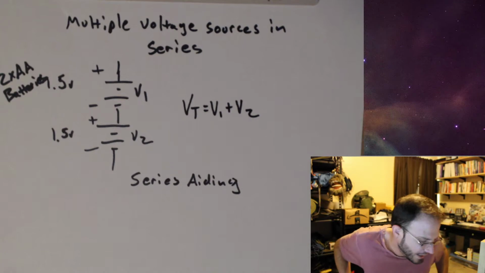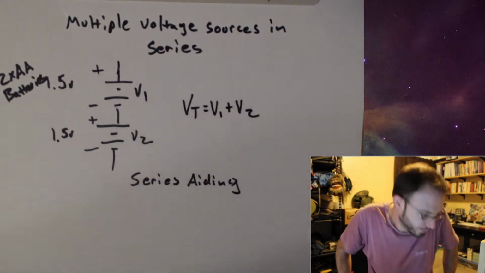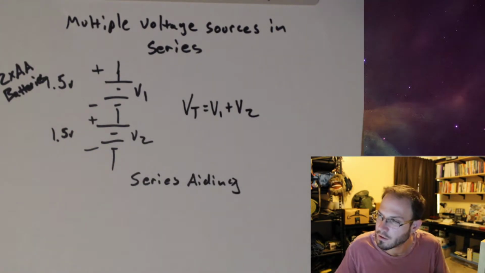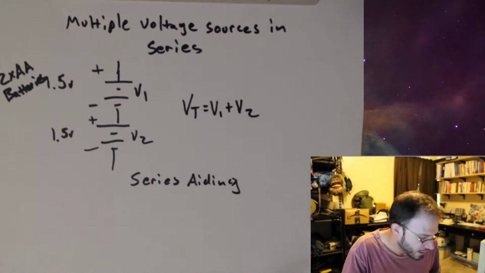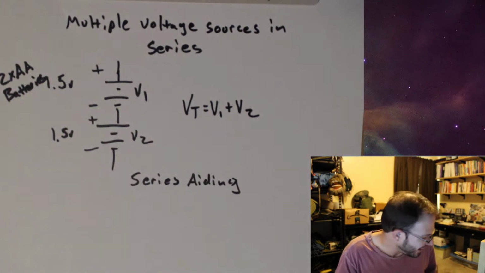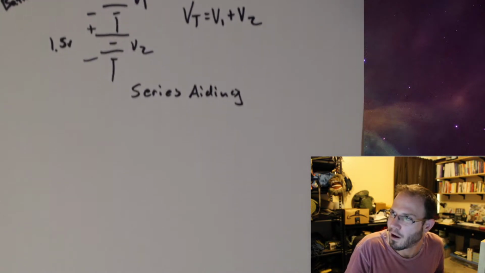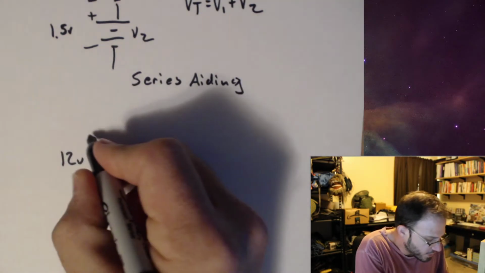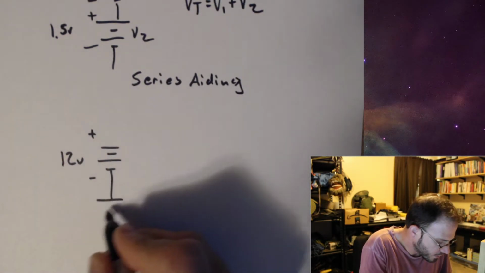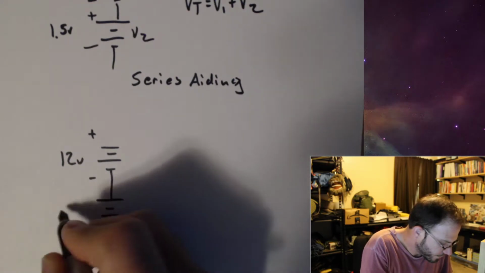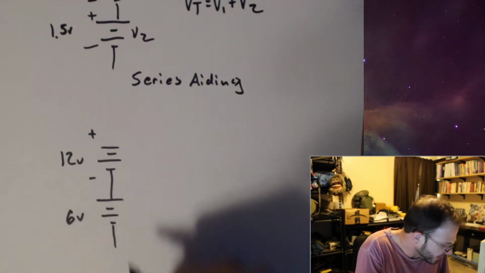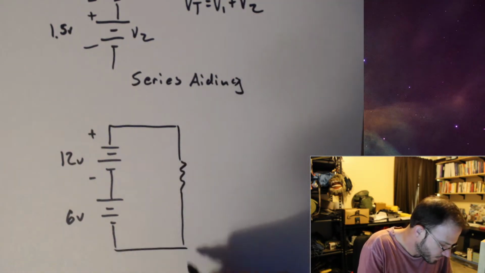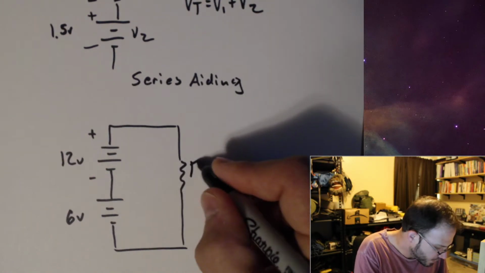So let's set up an example, and I'm going to use two different voltage sources, not the two 1.5 volts. You'll see why. Let's say this first one is 12 volts, and this bottom one is 6 volts, and this is R1.